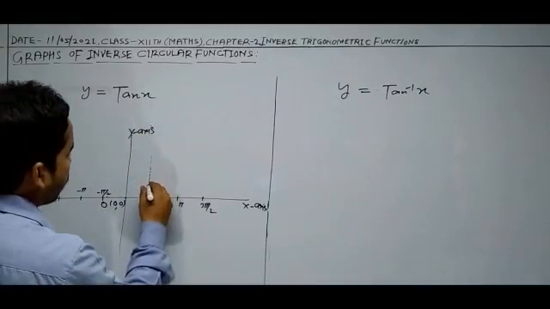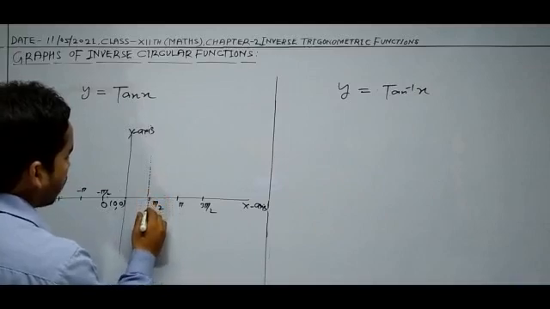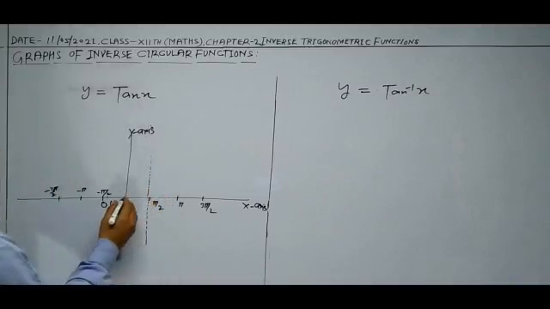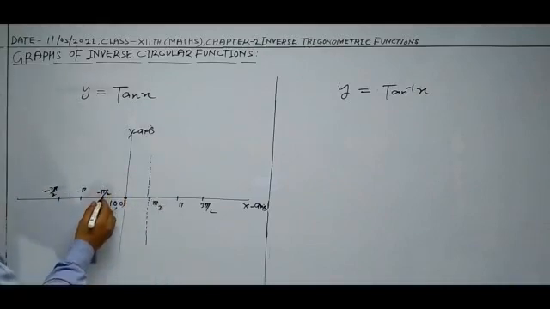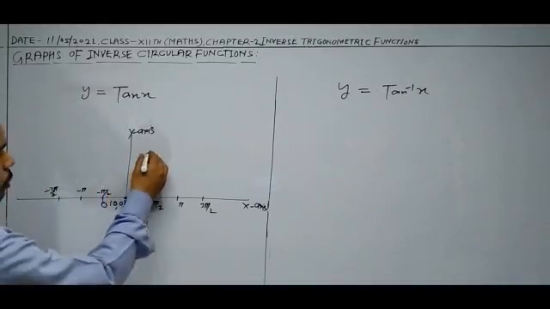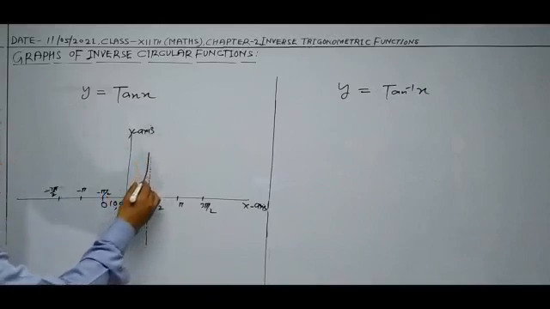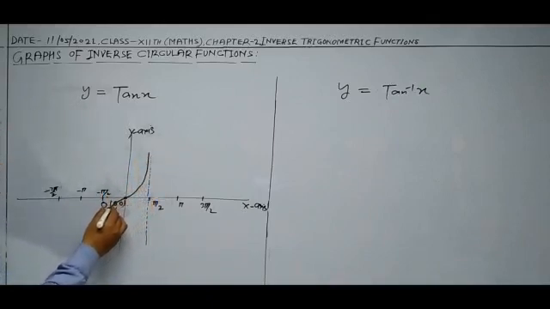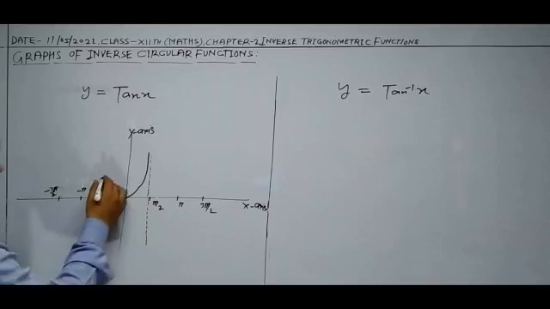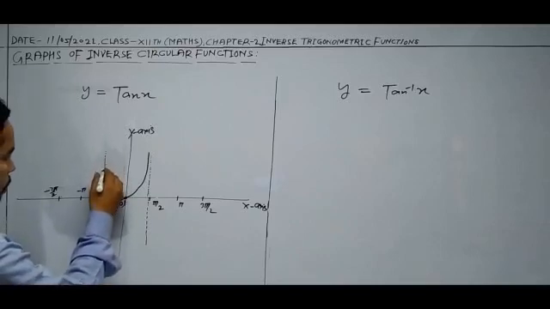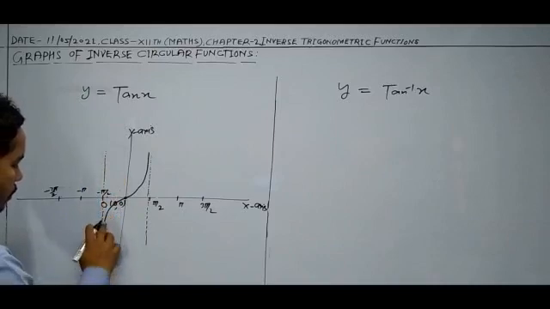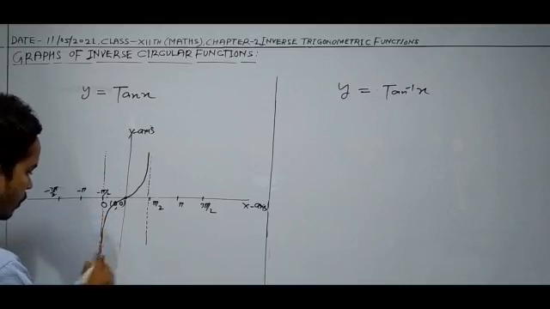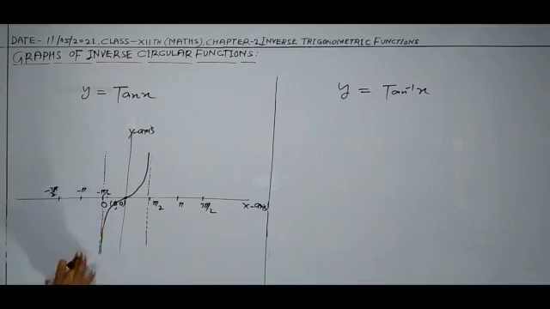So draw the line parallel to the y-axis, and tan 0 value is 0, and tan minus pi by 2 result is minus infinity. So the graph will be like this.